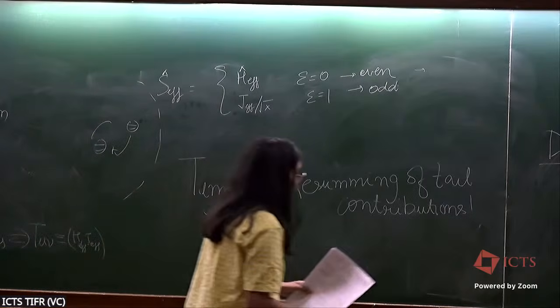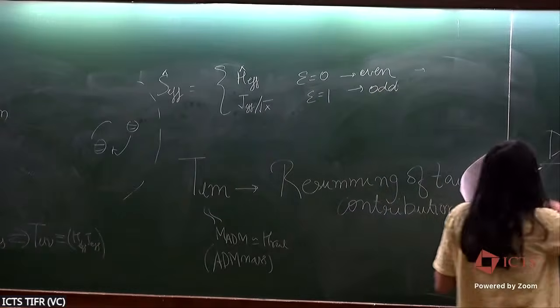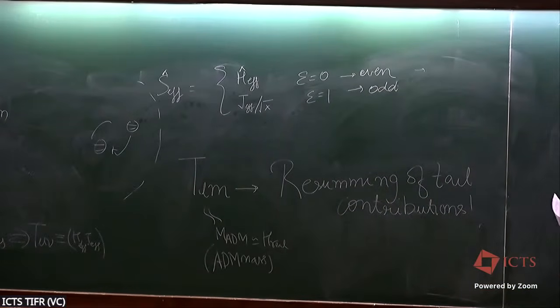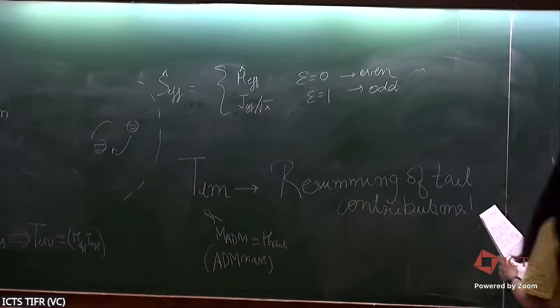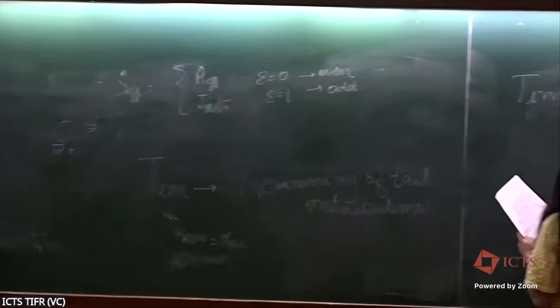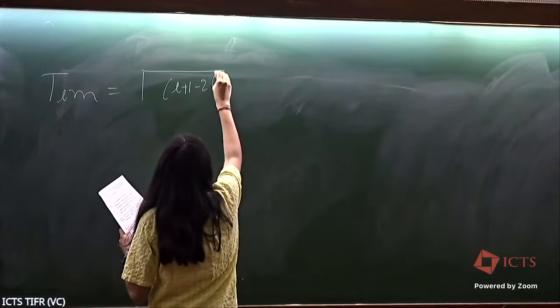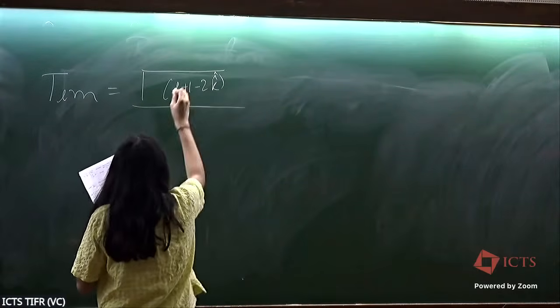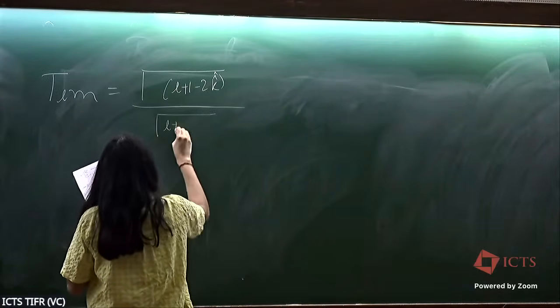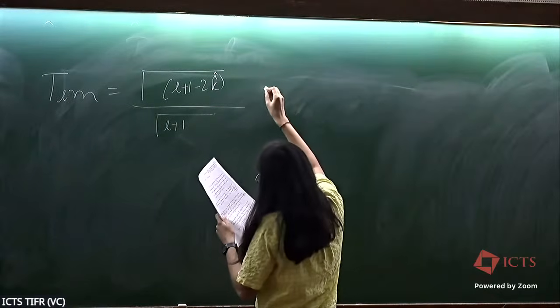And the resummation of this T_lm is given by an expression where L is the mode that we want to study, and this is a gamma function.